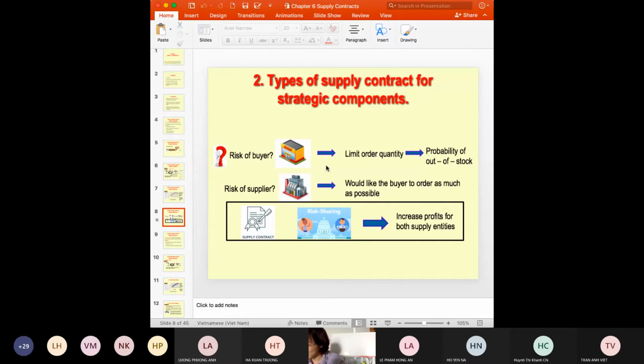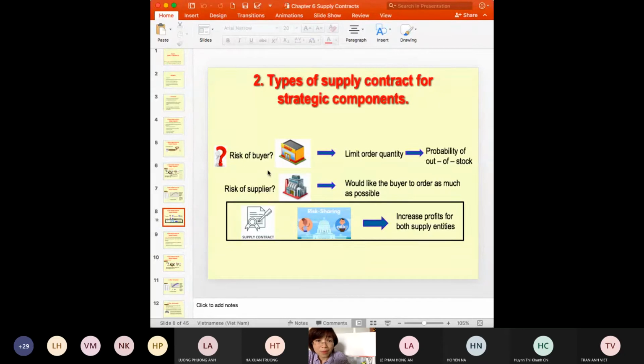So I move to another type of contracts. We just know the two stages of supplier and buyer. Right now, before we move to supplier contracts, let me tell you about the risk of the buyer and the risk of the supplier.